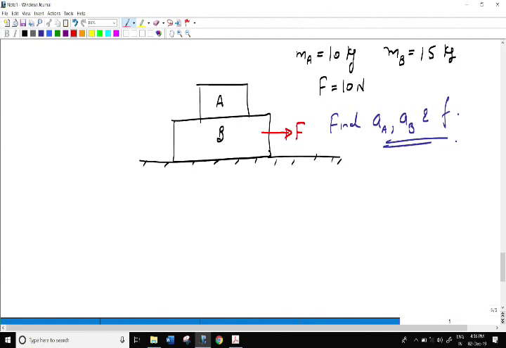Oh, wait a minute. F is 90. Sorry. The force is 90 Newton.